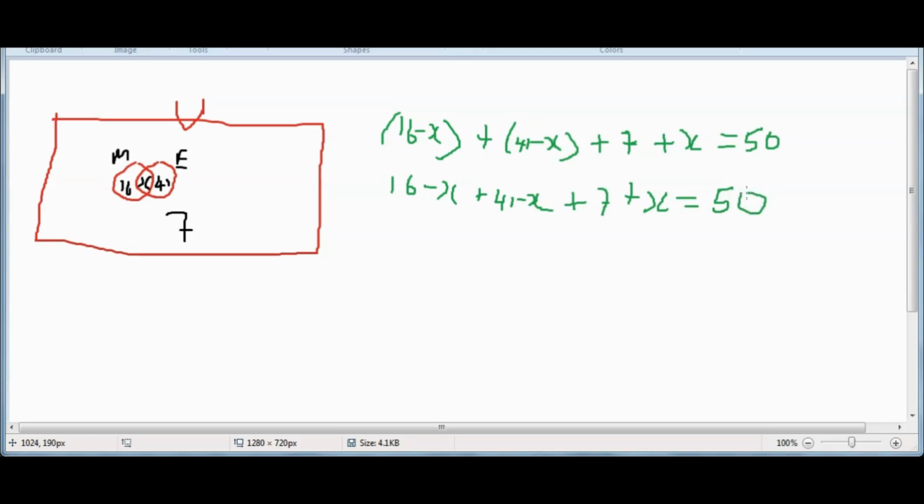Collect the like terms. 16 plus 41 plus 7 minus x minus x plus x is equal to 50.